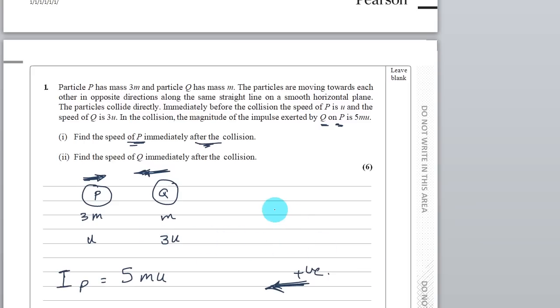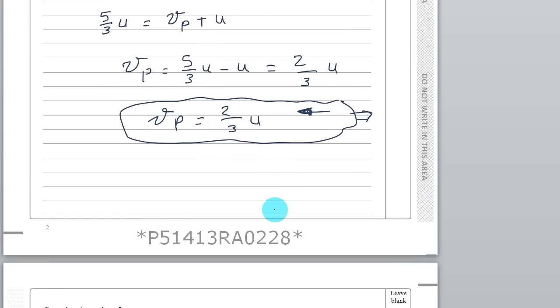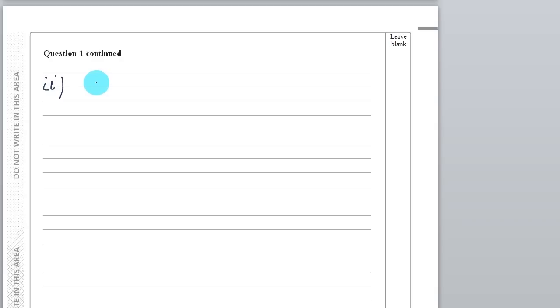Now find the speed of Q immediately after collision. To find the speed of Q, the equation of motion says mB uB plus mQ uQ is equal to mB vB plus mQ vQ.